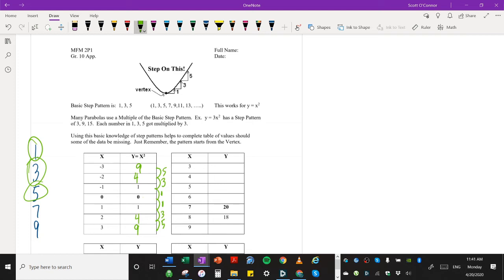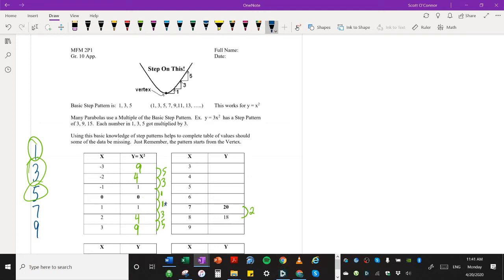So what about when we have, let's do the second one here, and we can see this is a difference of 2, right? If this is a difference of 2, it means it's not 1. That means our pattern is slightly different. And what did we have to do to this 1 to get to 2?